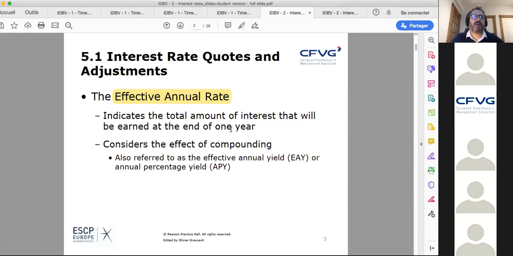The first is the effective annual rate, which considers the effect of compounding. So when we go within a year, we're going to use the compound interest formula to be able to calculate the monthly rate out of the yearly rate.